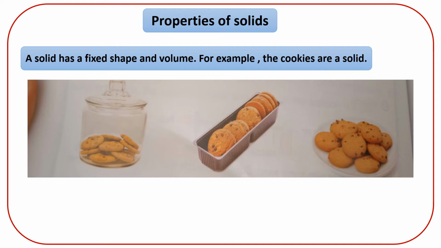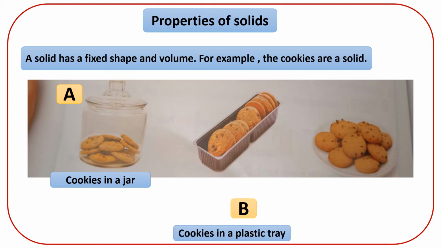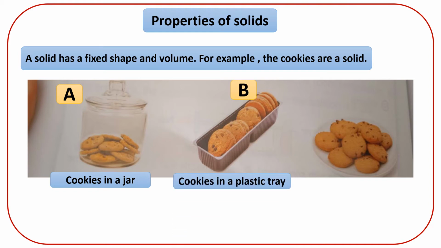In the picture we are seeing cookies. They are put in different objects. In A, you are seeing cookies in a jar. In B, we have cookies in a plastic tray. The cookies in a jar were moved to a plastic tray.